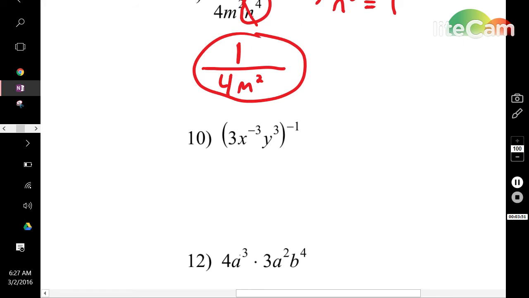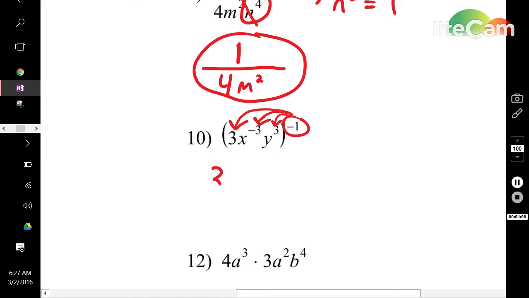Number 10, you have 3 factors inside a set of parentheses, all raised to the power of negative 1. So you guys are going to, not using the word distribute, but apply the power of negative 1 to all 3 factors.